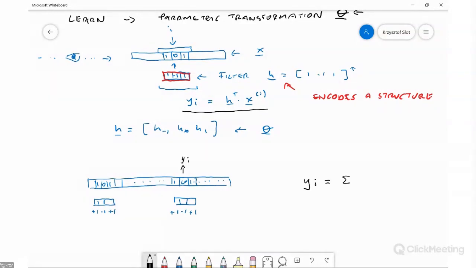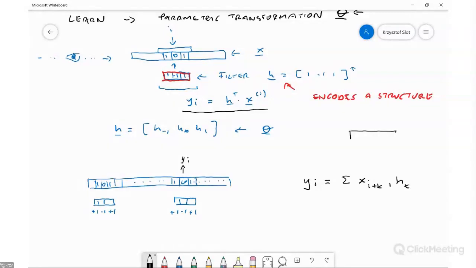This result of the transformation will be just a dot product. And what is a dot product? A dot product is a sum of products. The first component will be an entry of a filter, and the second component will be an entry of an input. If my input is X, I will have entries.